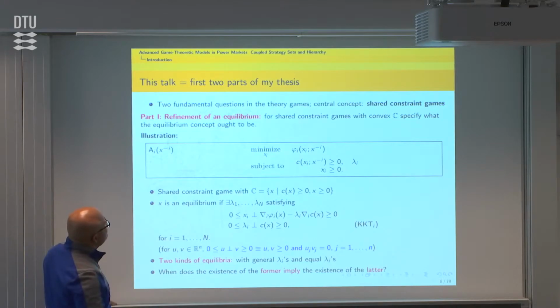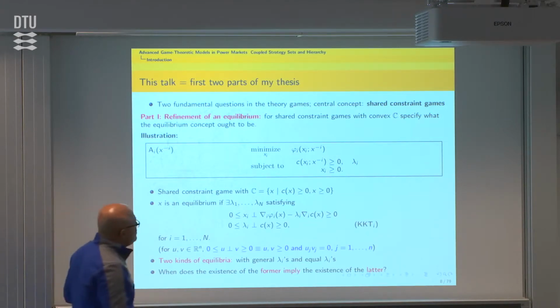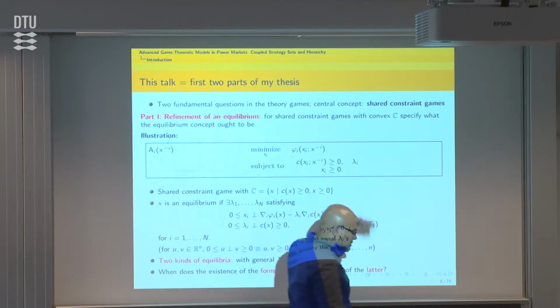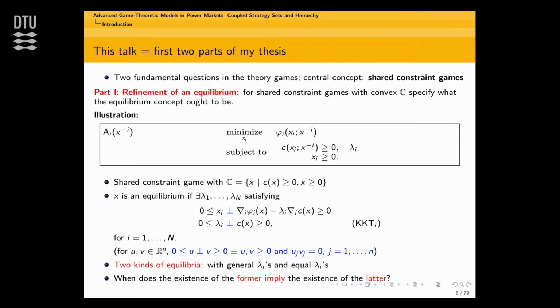Now, there are two fundamental questions in the theory of games where the central concept is shared constraint games. Okay. So what I'd like to do is rewrite that shared constraint in some algebraic form. In the context of shared constraint games, this constraint C is going to be common to all the players.